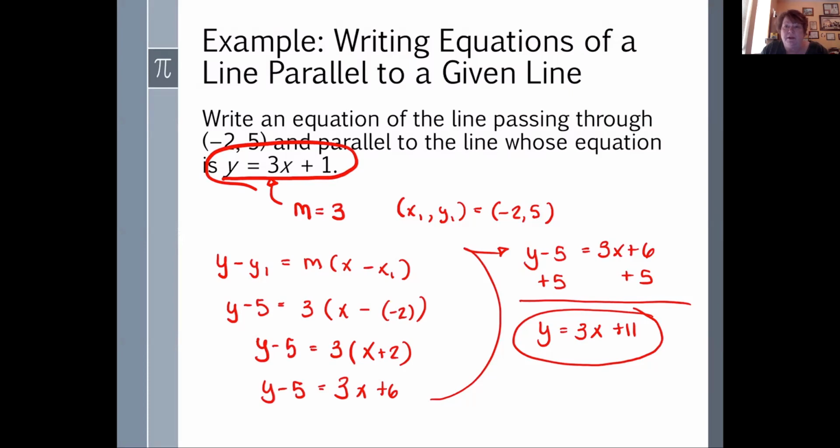So the slopes are the same for the two equations. They also have different y-intercepts, and that would make them parallel. Same slope, different y-intercepts, two distinct non-vertical lines. Two distinct non-vertical lines that are parallel have the same slope, but they have different y-intercepts.